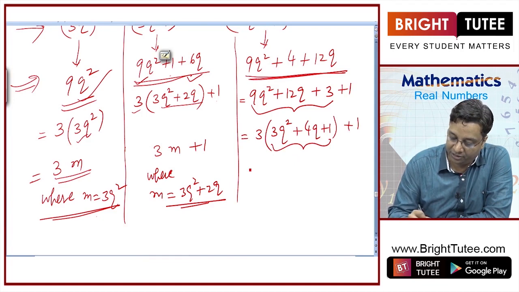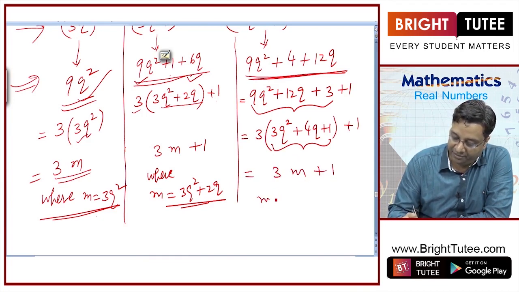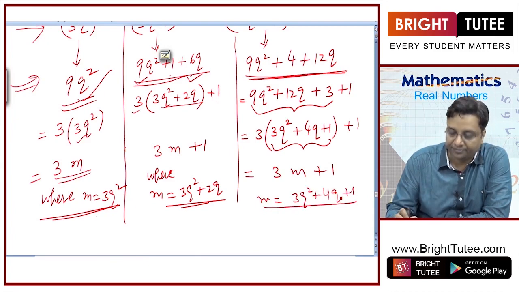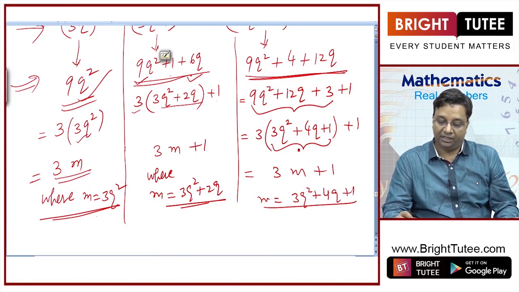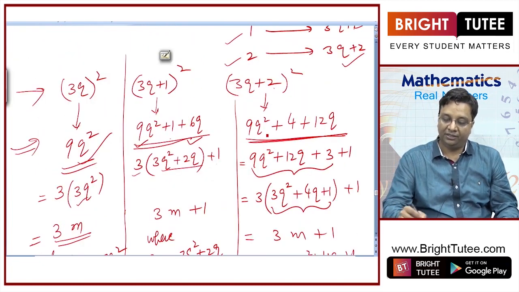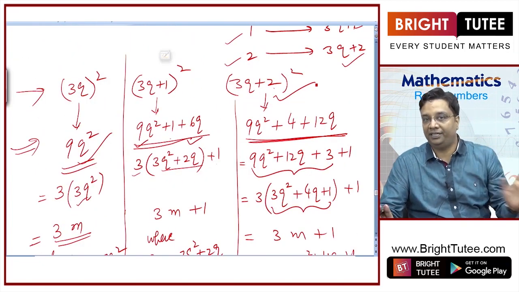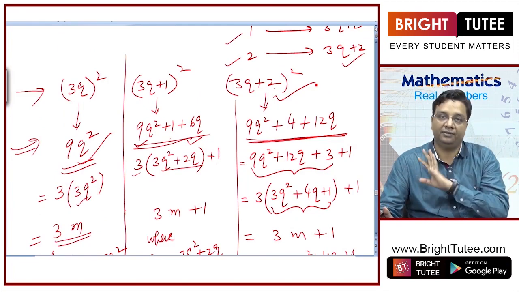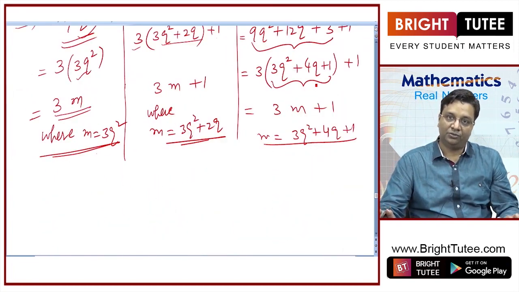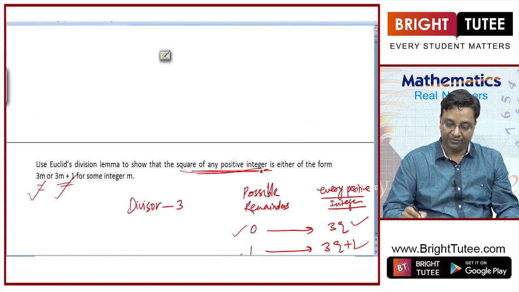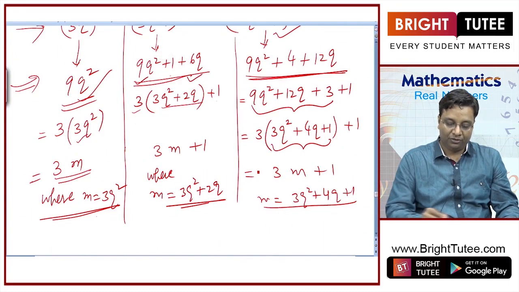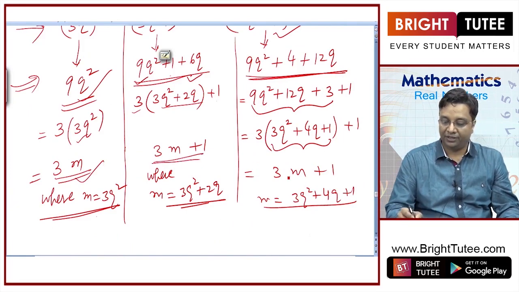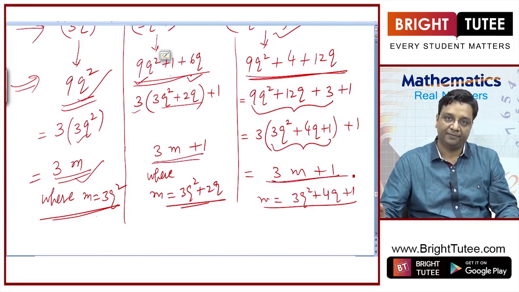Hence this number is also of the form 3m plus 1, where m is equal to 3q square plus 4q plus 1, right. So this number is also of the form 3m plus 1, which means when this number is divided by 3, it will give us remainder 1, right. So, the square of every positive integer will be of the form 3m or 3m plus 1, clear.